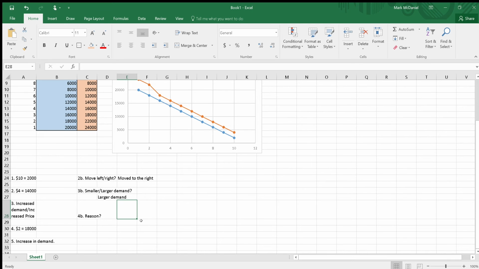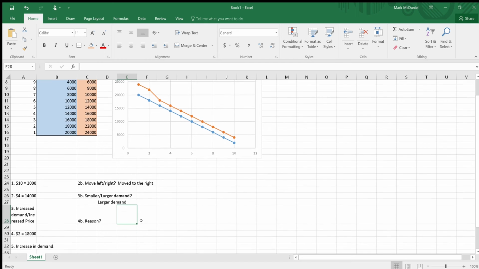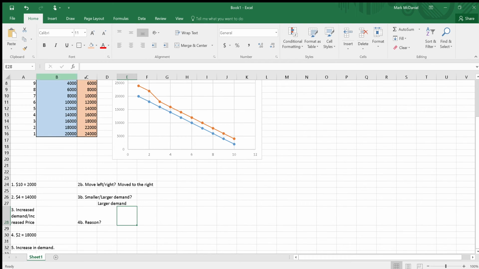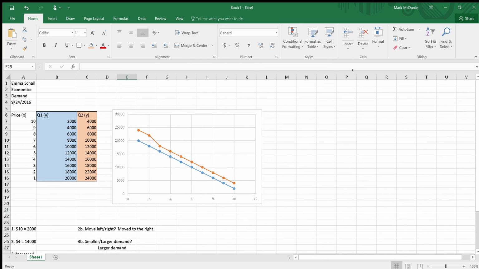Like I explained, the assignment tells you that a bunch of new people moved to the area, so the reason is increase in population. And as we looked at in biology once upon a time, an increase in population is also going to be an increase in competition for resources. So it all kind of goes hand in hand. All right, so that was the demand assignment and note.